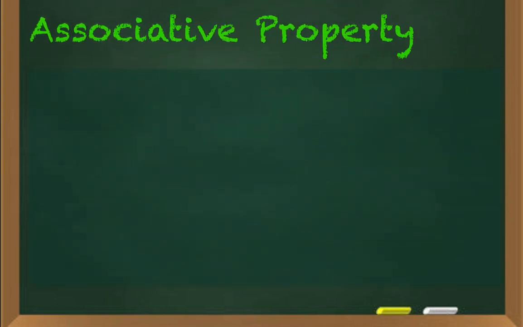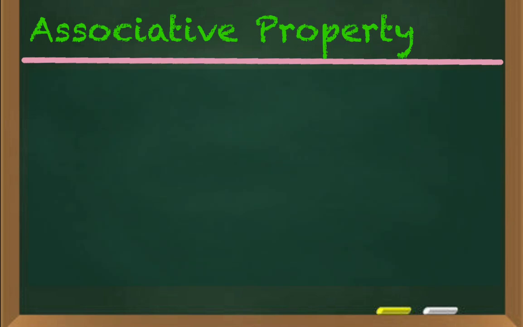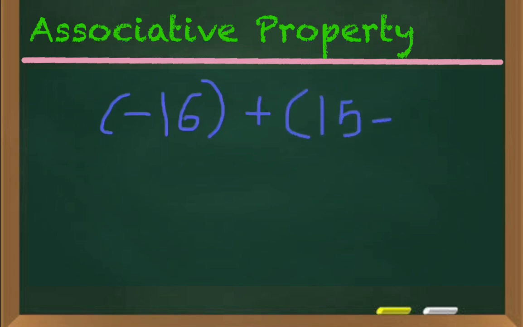Associative property of addition. For example, we have to solve -16 plus (15 plus 13). As you might know, we solve the brackets first. So we will solve 15 with 13 first. As you know, 15 plus 13 is 28.